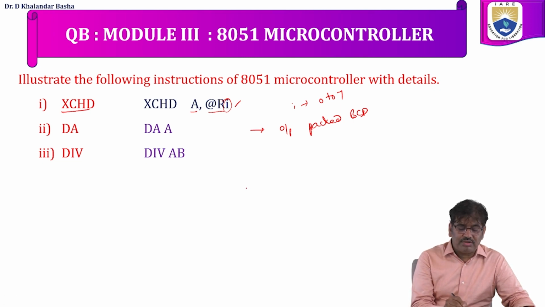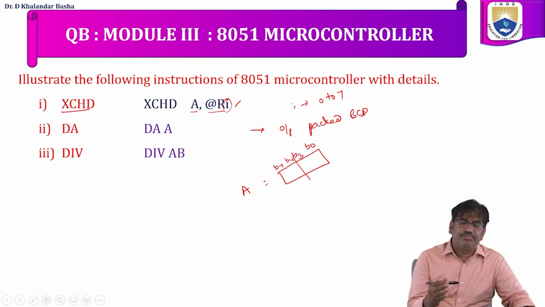So if we have accumulator contents of 8 bits, each digit of the BCD number requires 4 bits. One digit is B0 to B3, the second digit is from B4 to B7.